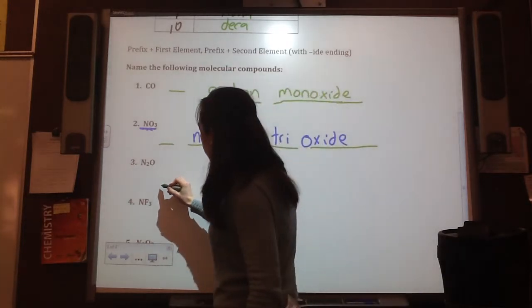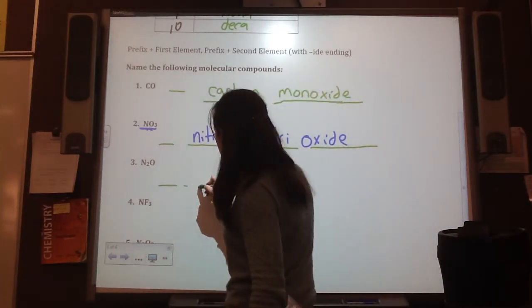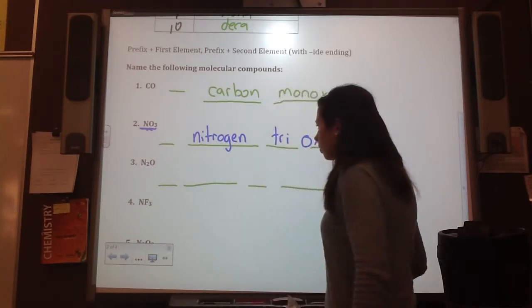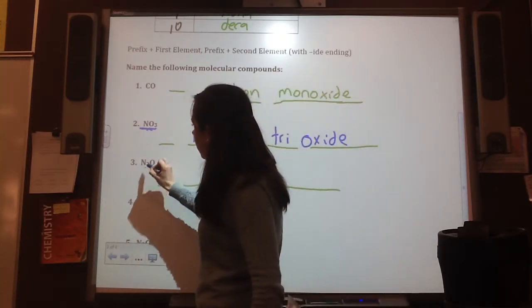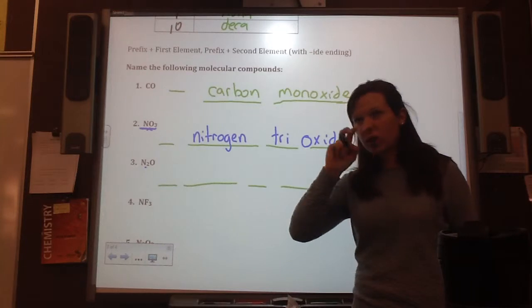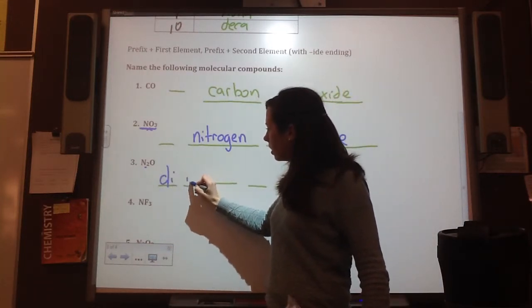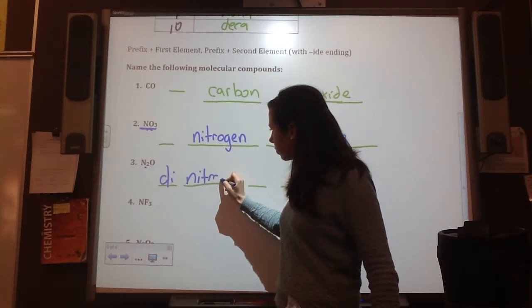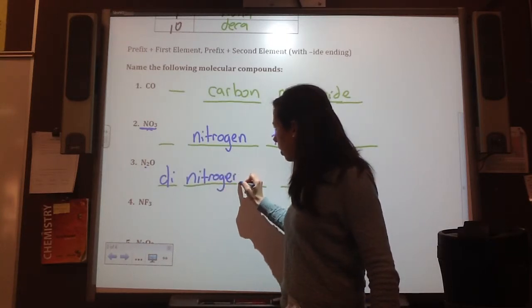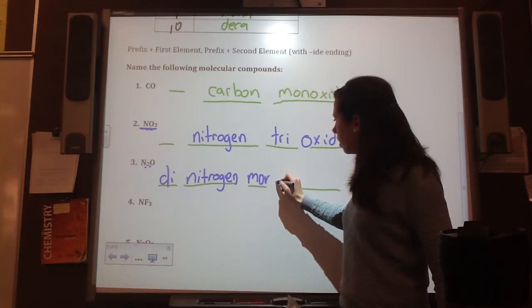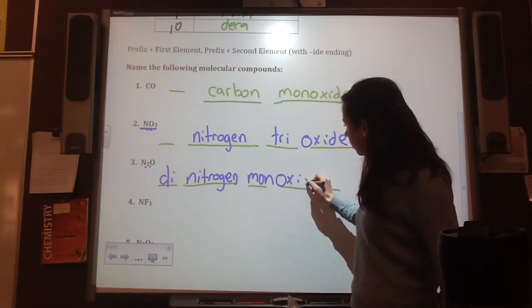Okay, so the next one, we have a prefix, the element, prefix, element. So, how many nitrogens? 2, so we put dinitrogen. How many oxygens? 1, monoxide.